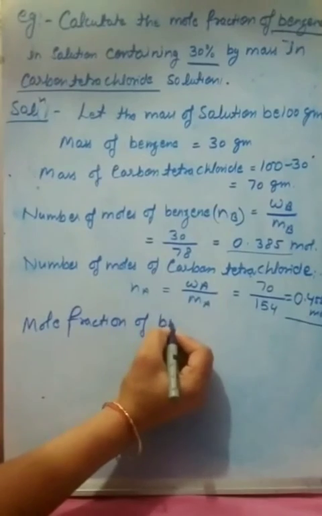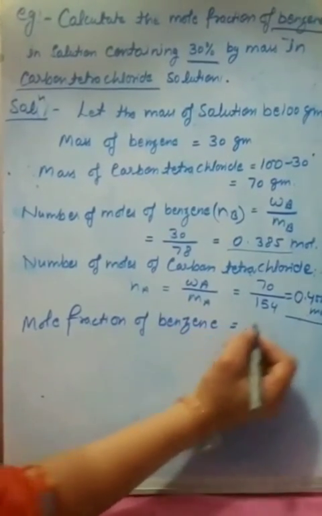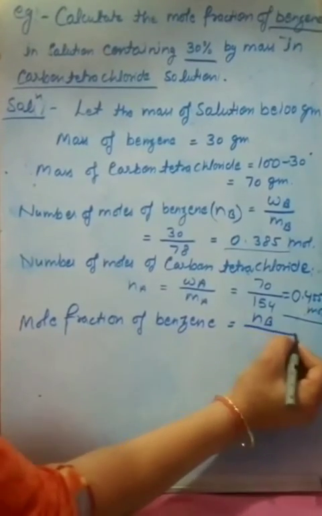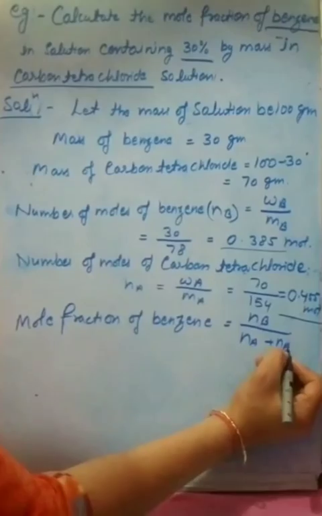Mole fraction of benzene is equal to NB upon Na plus NB.